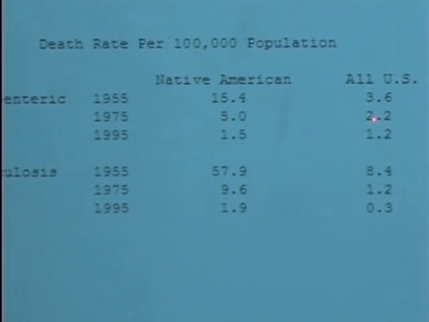By 1975, it was a little more than twice as high, and by 1995, almost the same. And this was mainly because of the sanitation, restaurant inspections, and the sorts of things that were instituted by the Indian Health Service, as well as improved medical care.